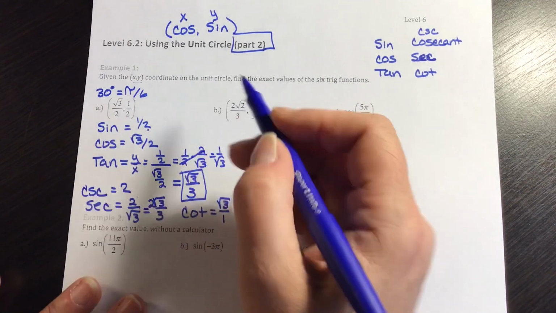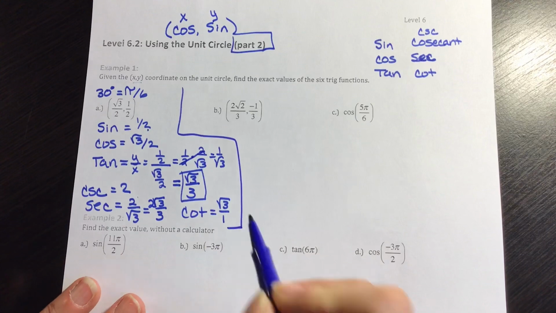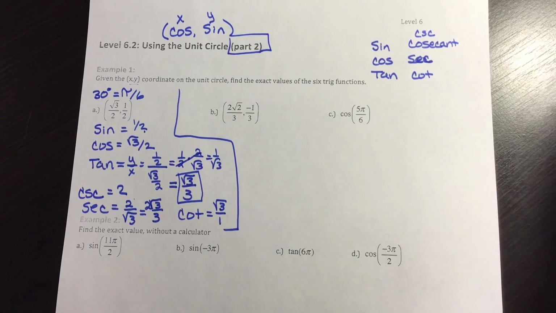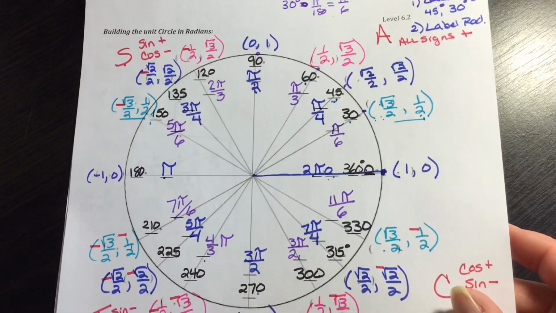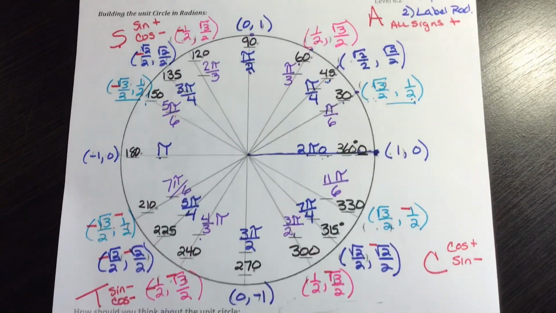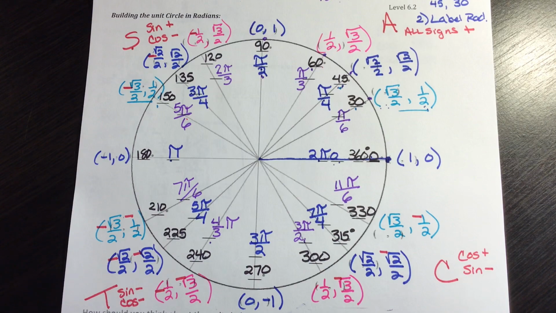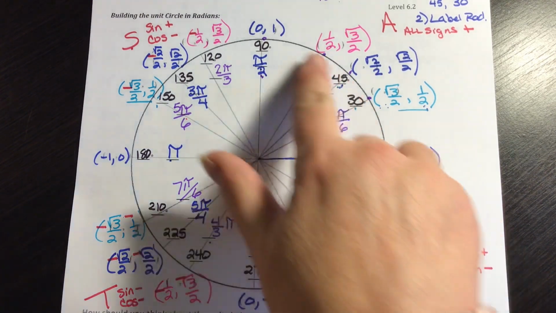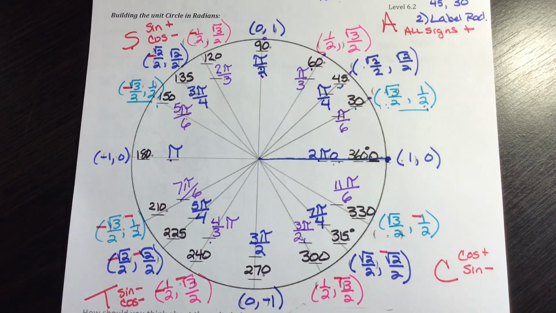All right, so now we're going to look at part B. We have 2 square root of 2 over 3. Now, this is a point that's on the unit circle, but we don't have it labeled here. So we don't know what the reference angle is going to be. Remember that first number was 2 square root of 2 over 3.